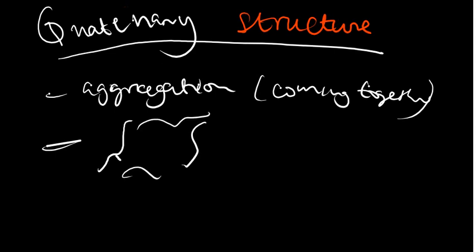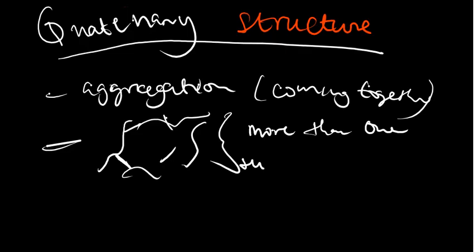When these are bonded together, this is what we call the quaternary structure. There is more than one subunit. The best example we can give is hemoglobin.